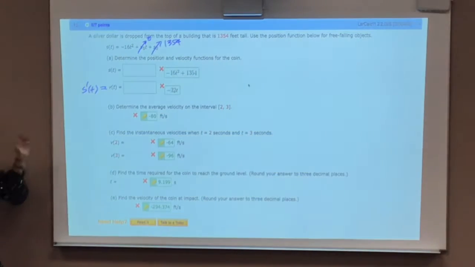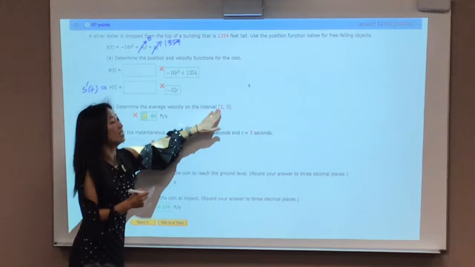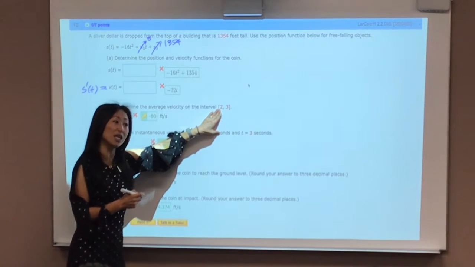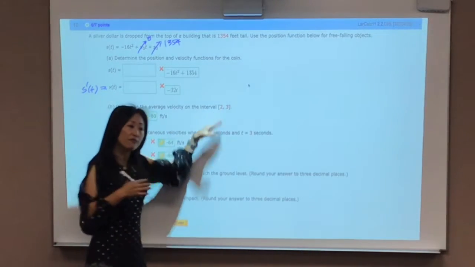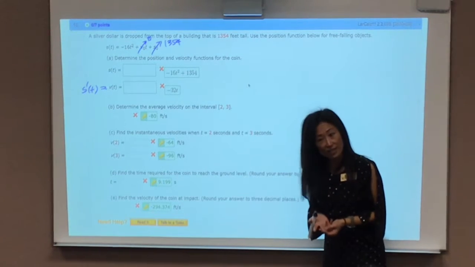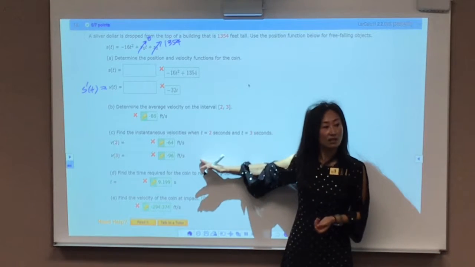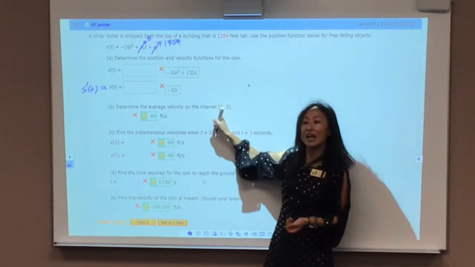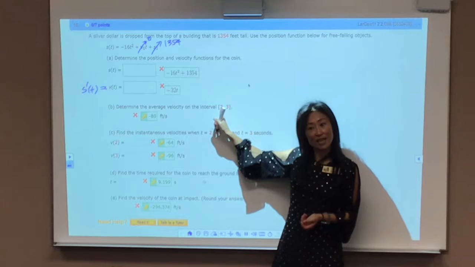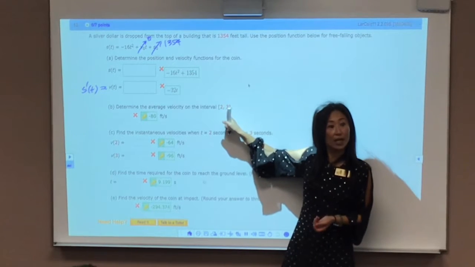Okay. Second part. Determine the average velocity on the interval 2, 3. I can do 2 different ways, but I told you I like it better using the velocity function. So let's do the C first. C is asking you to find the velocity at time equal to 2 and velocity at time equal to 3.